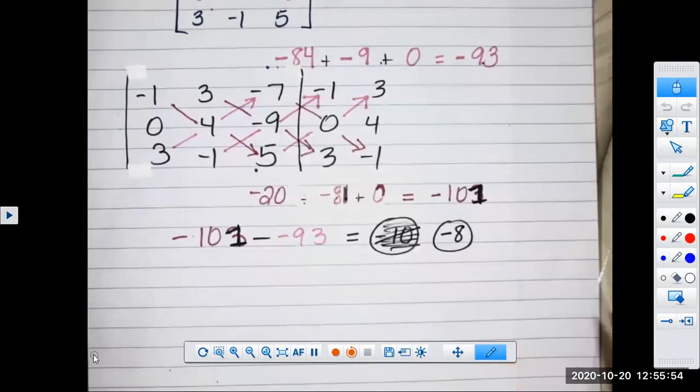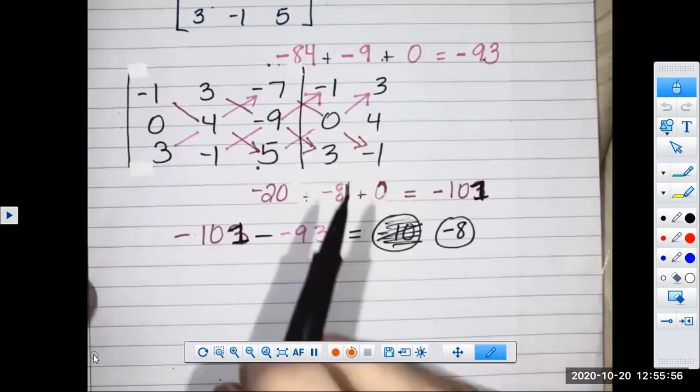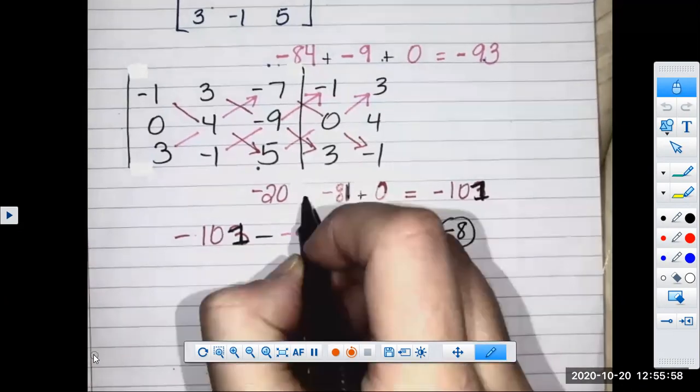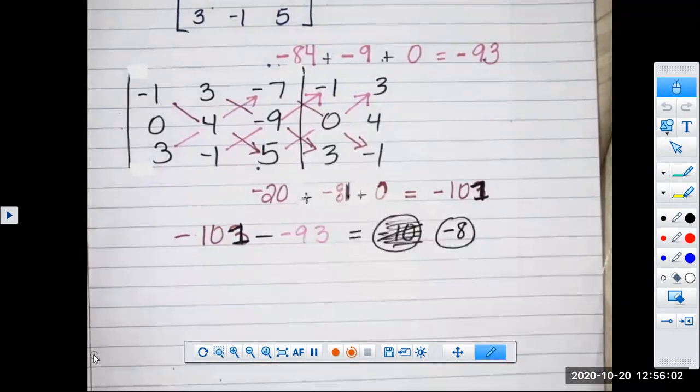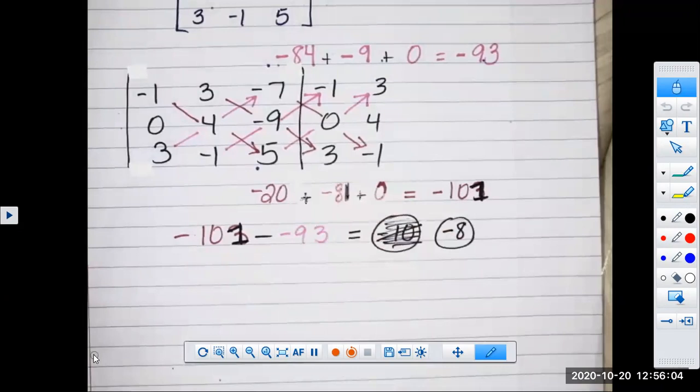Okay, is this a lot better this way without writing it all out? All right, do y'all have any questions about a 3x3? What'd you say?